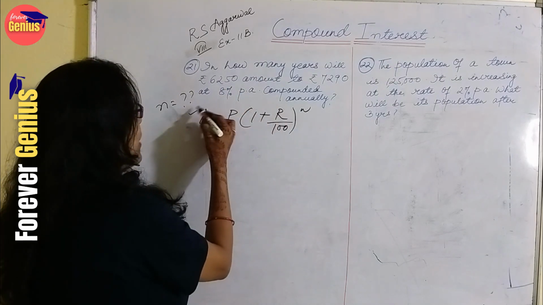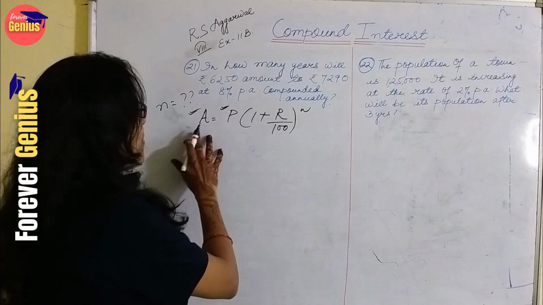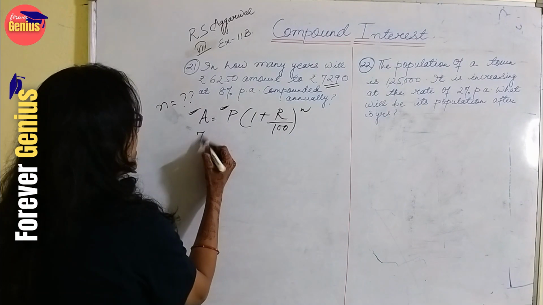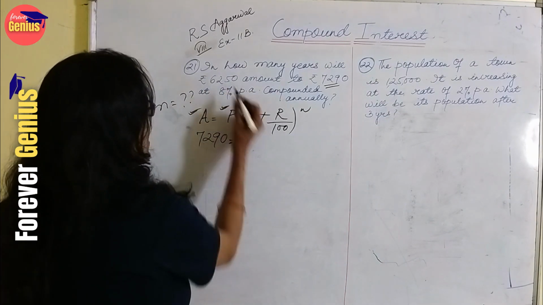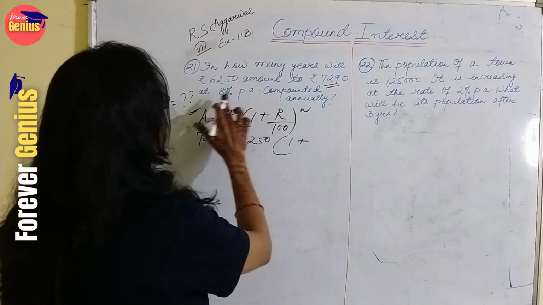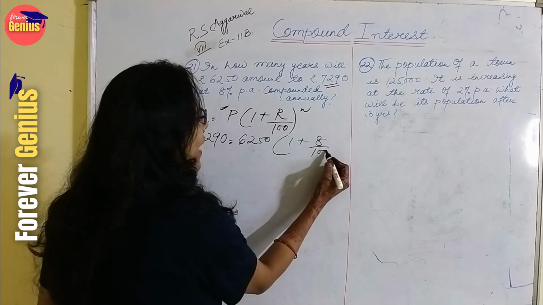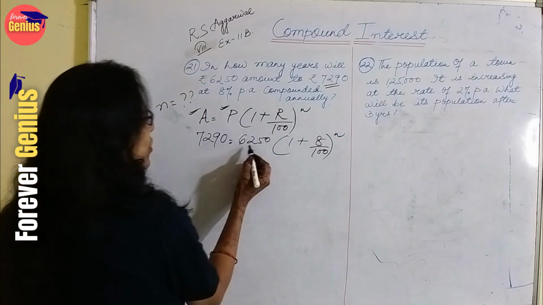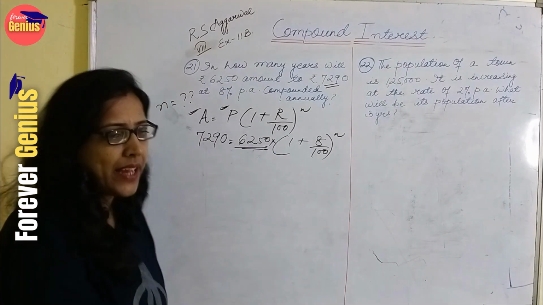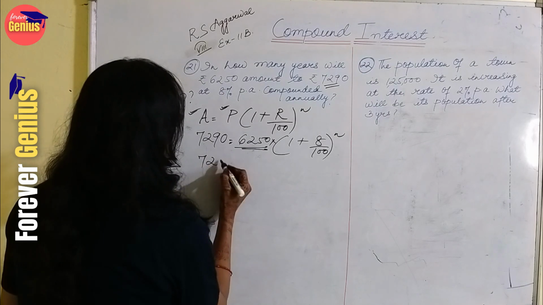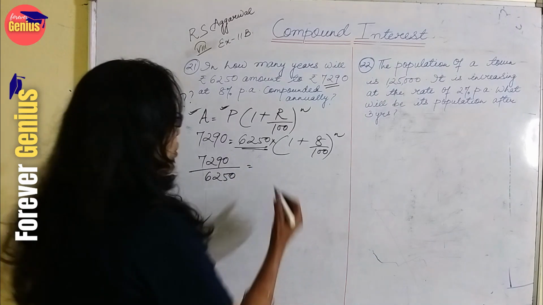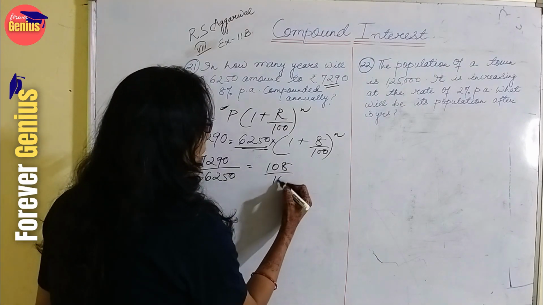So just place the values which you have got here of amount and principal. The amount is 7290 and the principal is 6250. So 1 plus rate, which is 8%, 8 by 100. Now if this is multiplication, we know if we change the side it will become division. 7290 by 6250 equals (108 by 100) to the power n.